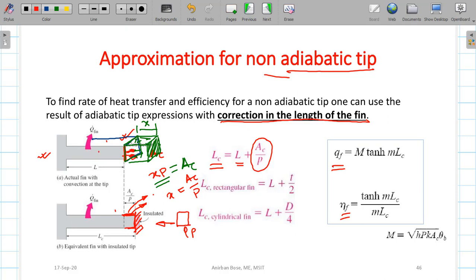Remember, here we started with a situation where the fin is non-adiabatic. So if a fin is non-adiabatic, first you correct its length by adding AC by P to its true length, and use that corrected length to calculate its heat transfer and the efficiency. Okay?